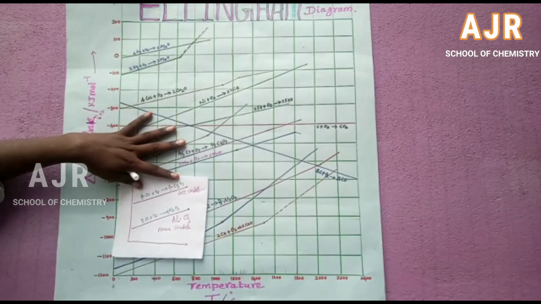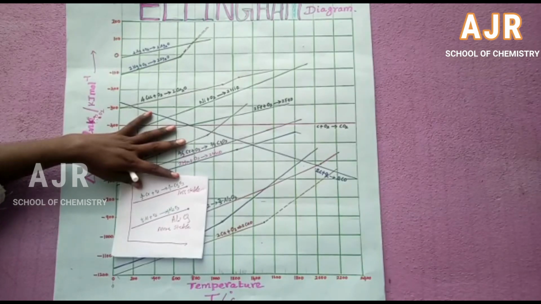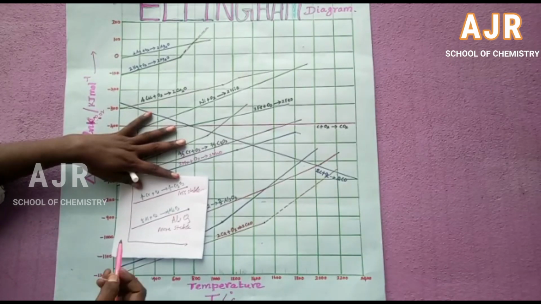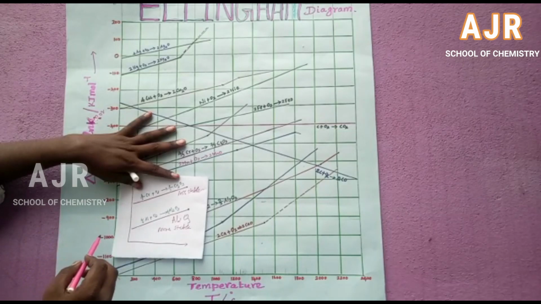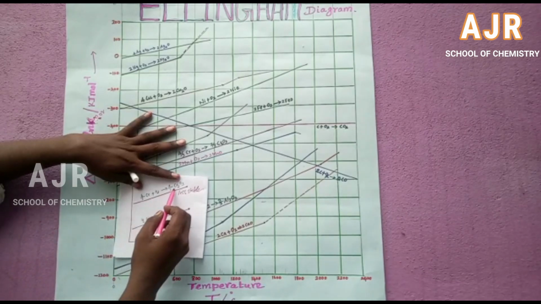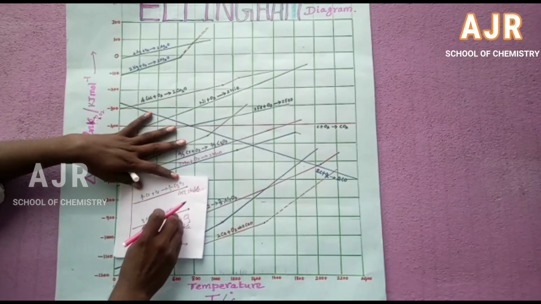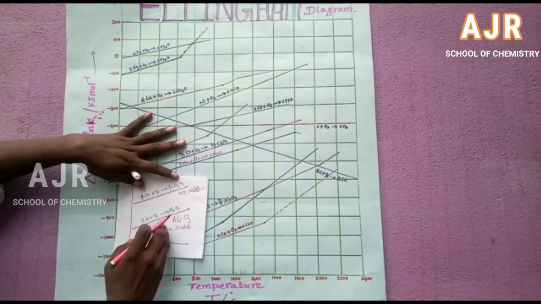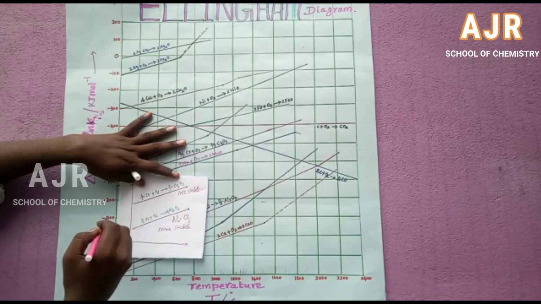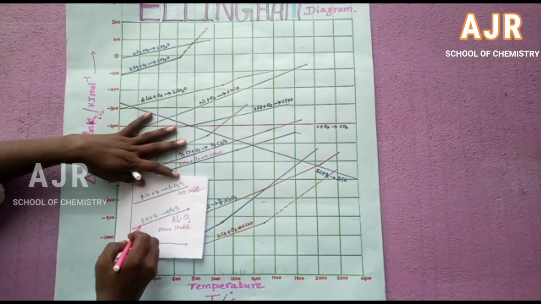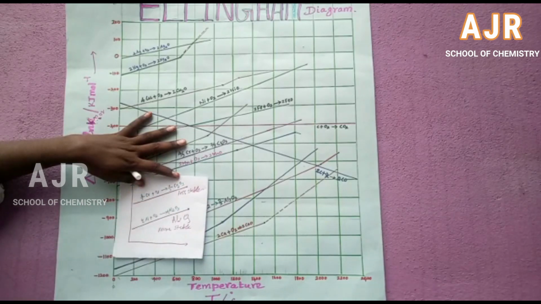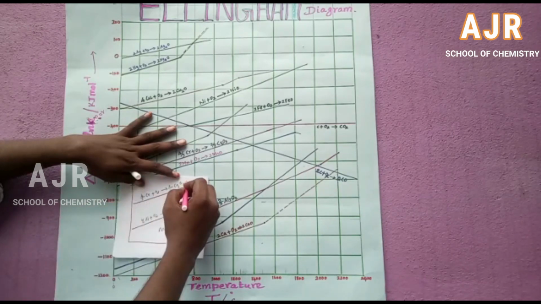As I told you earlier, any metal can reduce the oxides of other metals that are located above it in the diagram. So your Cr2O3 is lying above the Al2O3. It indicates that aluminum can be used as reducing agent for Cr2O3.